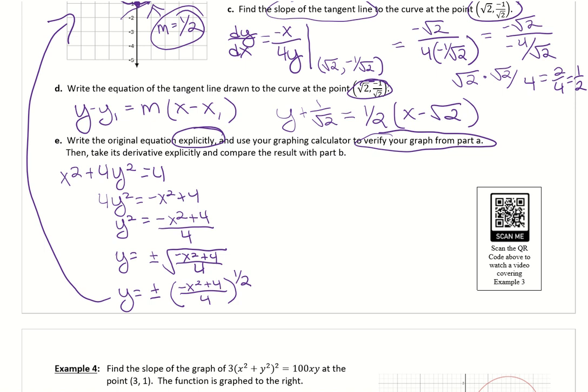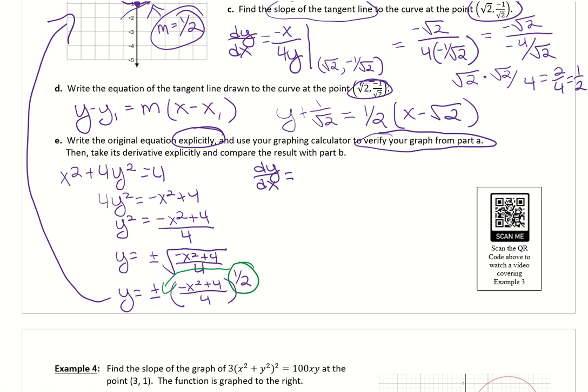So now let's differentiate. We don't have to use implicit differentiation because the y is by itself. So instead, let's use the chain rule. So dy/dx is going to be equal to, let's do the outer part first. So the outer part tells us to use that power, bring it down.